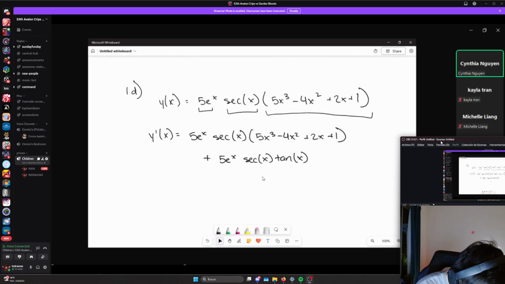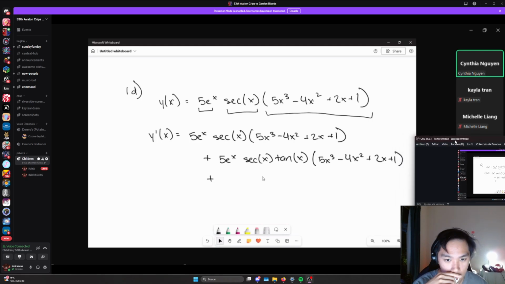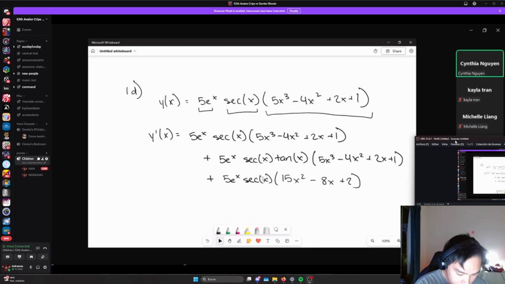Now it's the third bit's turn, so the 5e to the x and secant of x are just moved down. The derivative of this third bit is 15x squared minus 8x plus 2. And that is how you get that.